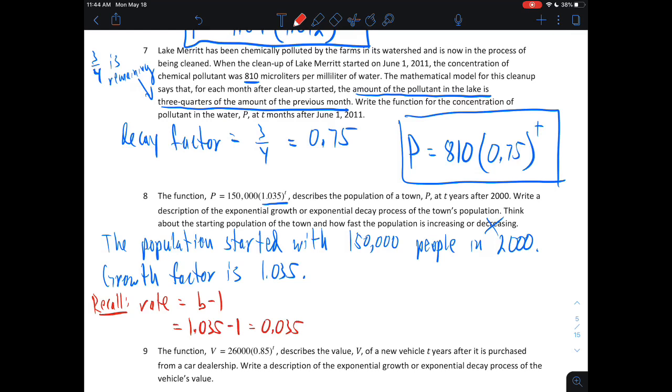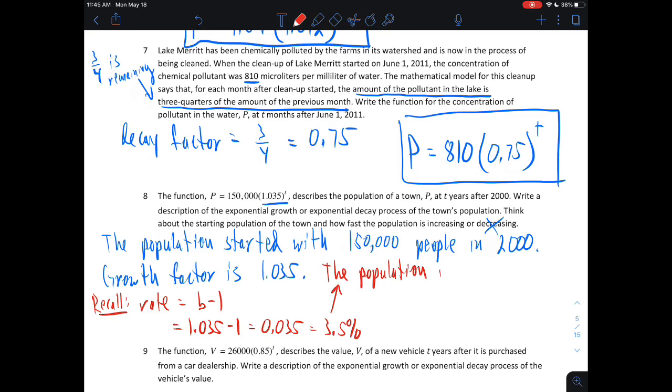And if we write that as a percent, that's 3.5%. So that means the population increases at a rate of 3.5% each year. So that describes the growth of the population in this town.